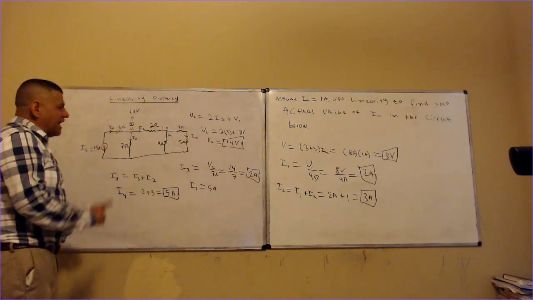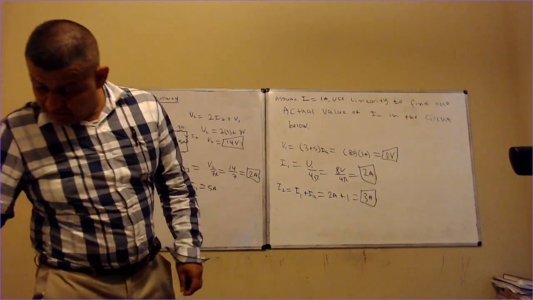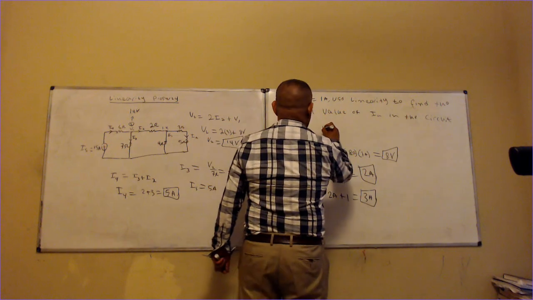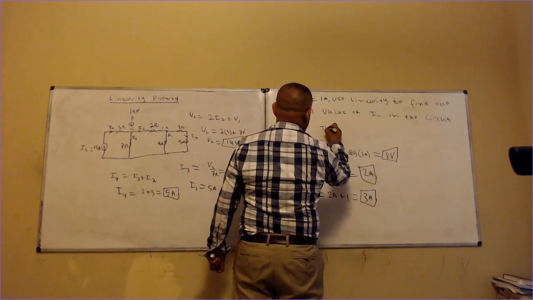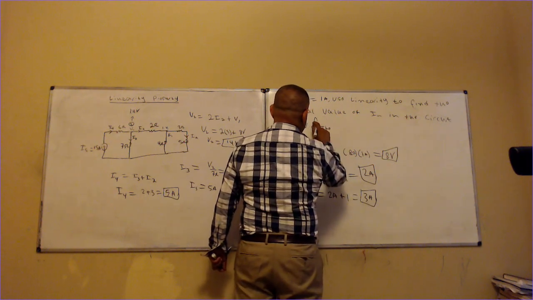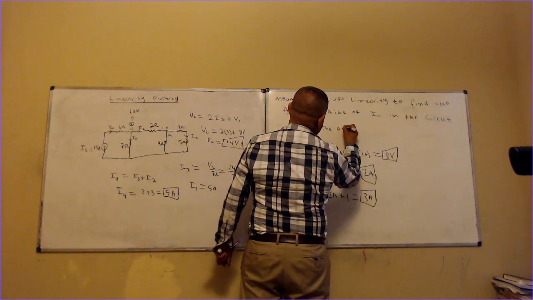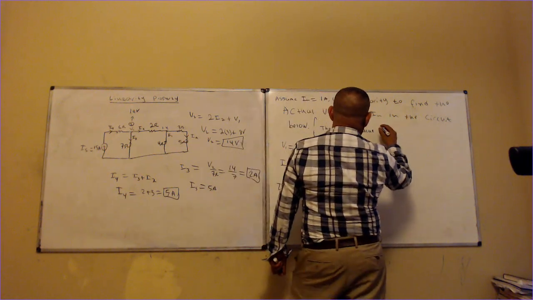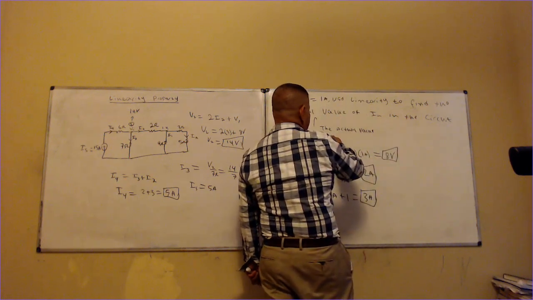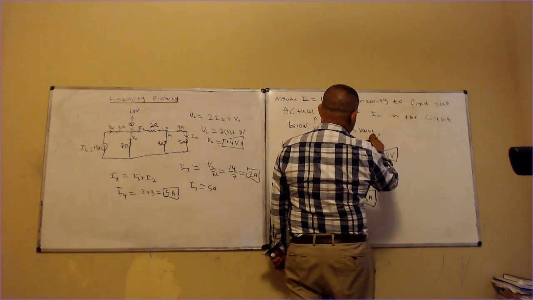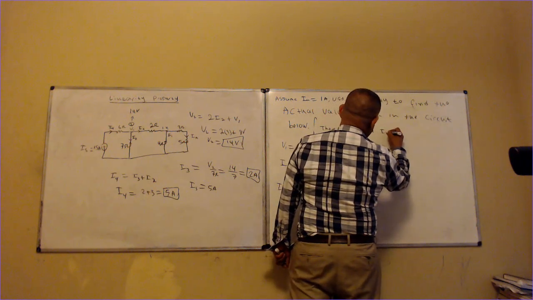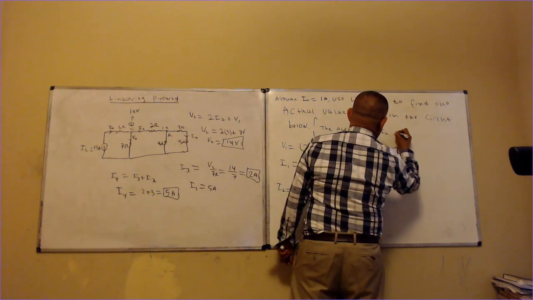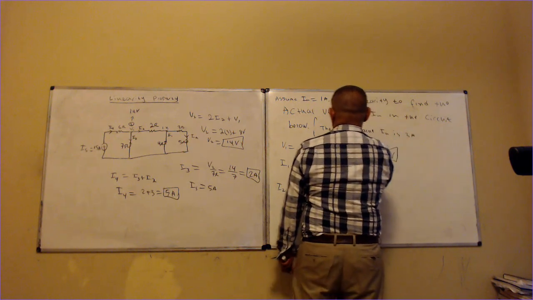So the actual value of IA is 3 amps. So that's the answer.